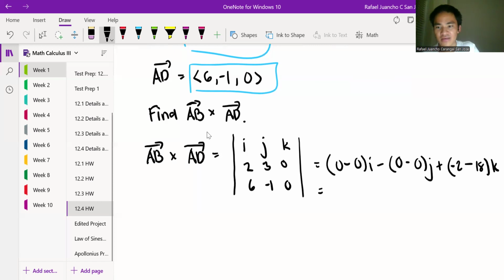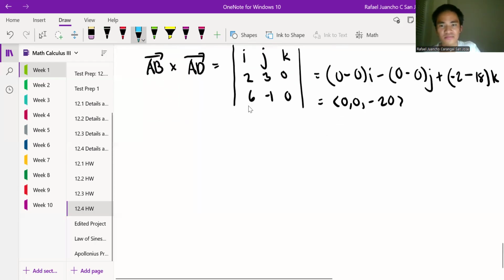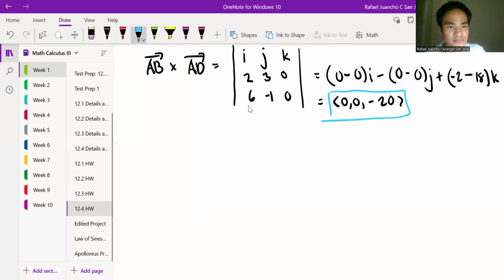So 0i, 0, 0, -20. That's the vector. Right? All right, let's see. So 0, 0, -20.